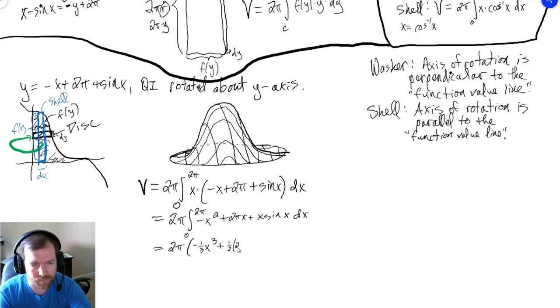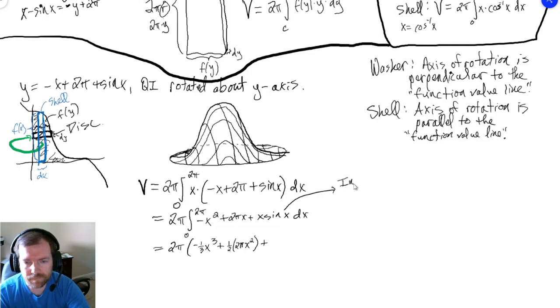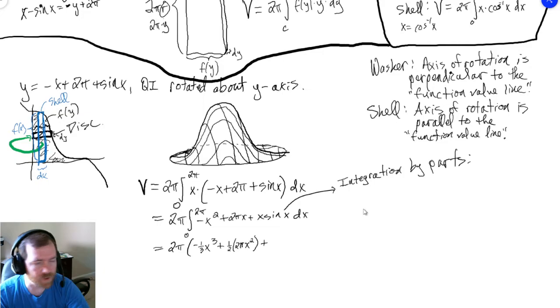Might as well write it out. 2 pi x squared plus x sine x. We're going to have to do integration by parts. So integration by parts again was when we're taking the integral of u dv.